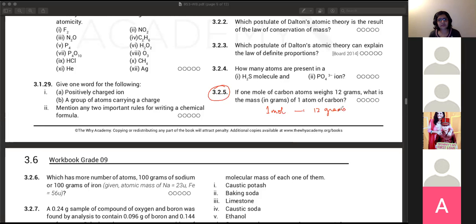And they want us to convert it to how much 1 atom of carbon is. Yes, 1 atom is how much? This we need to know. Do you know the relation? What is the relation between 1 mole and the number of atoms? How will you relate both of these?